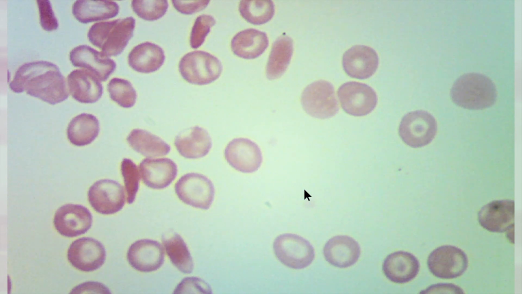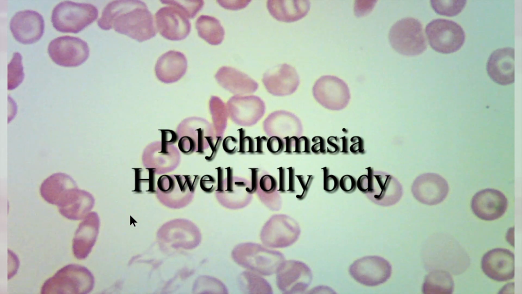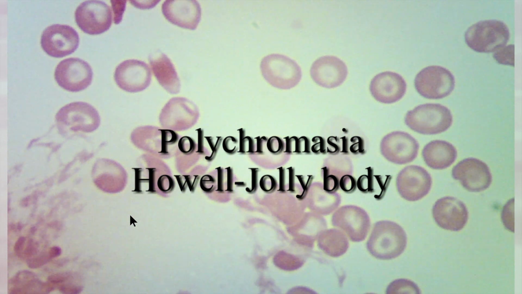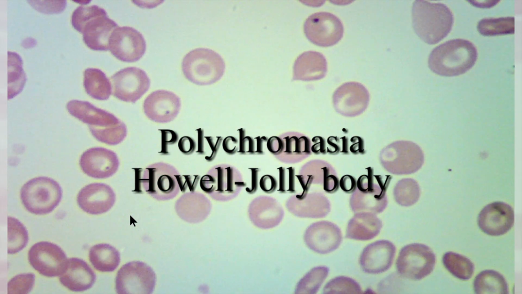Again, note the presence of target cells, the presence of elongated red blood cells with tapered ends, and depending on the stage of the disease, the patient may have polychromasia as well. Because you need to realize, and I do see polychromasia on this smear as well, you would expect the reticulocyte count to be elevated as well.